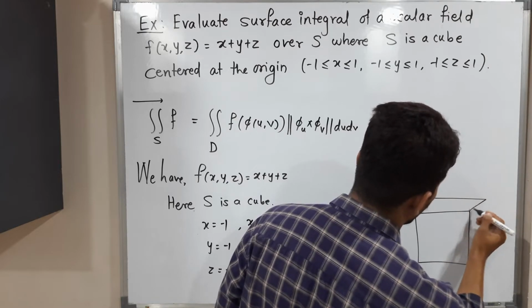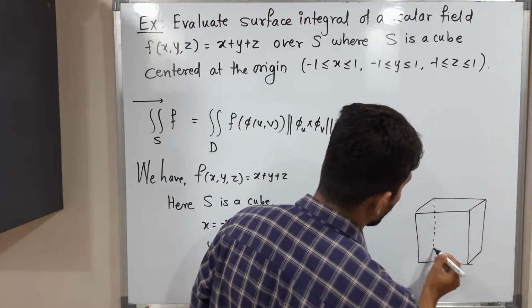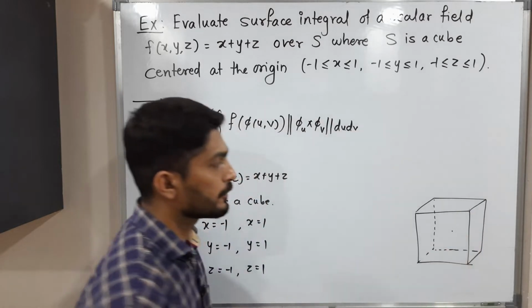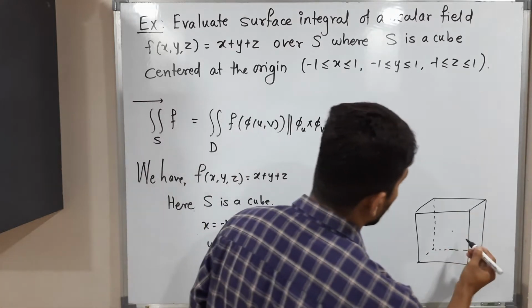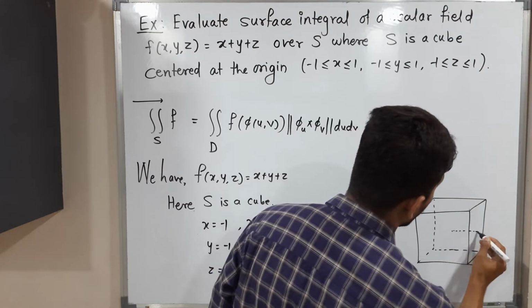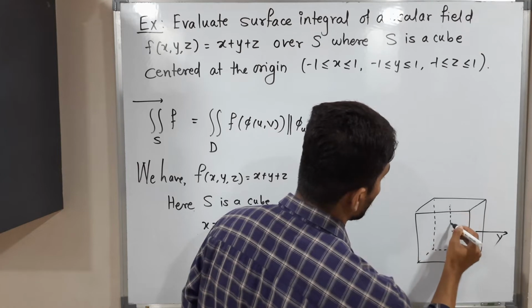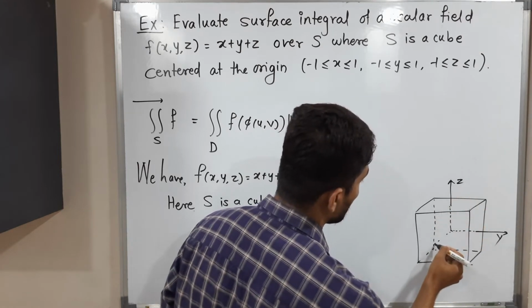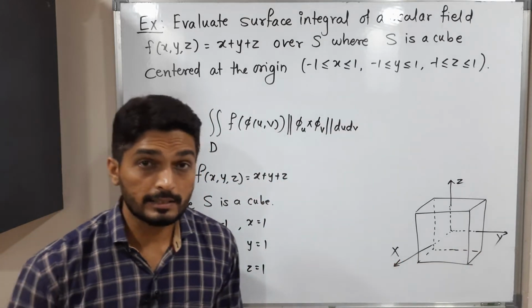At the center of that cube we have the origin 0, 0, 0. So we have a y-axis like this. This is our y-axis, this is our z-axis and this is our x-axis.